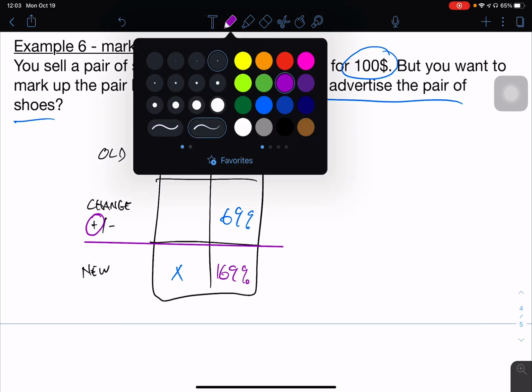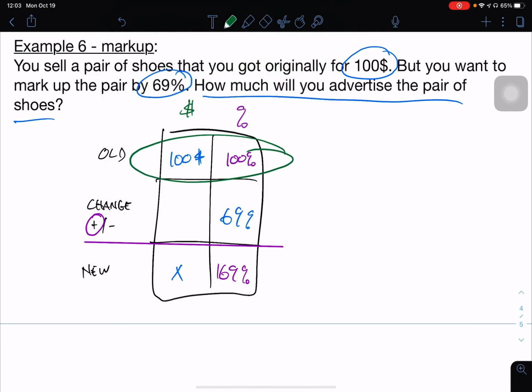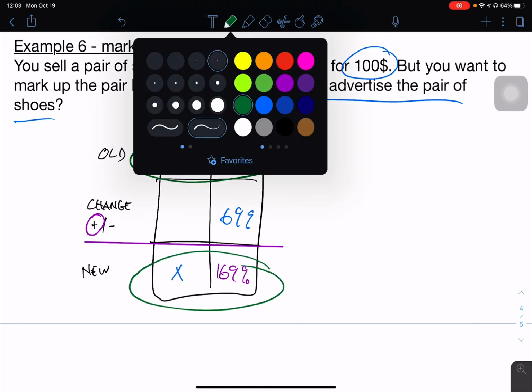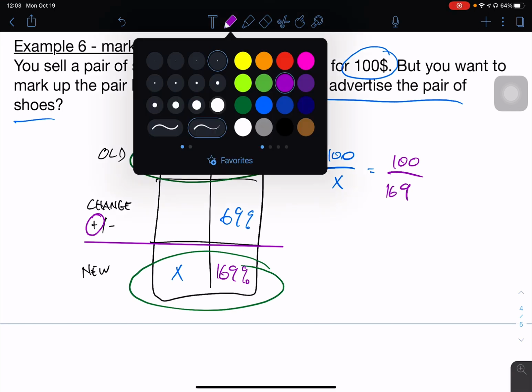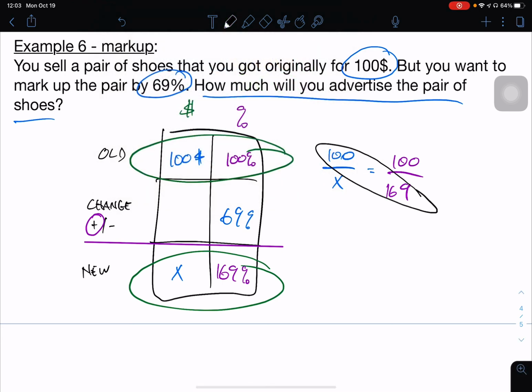So then the two proportions you're using are these. So then you have $100 over x dollars, 100% for 169. And you cross multiply, right?